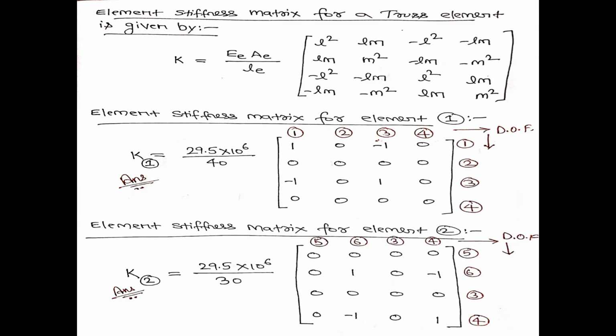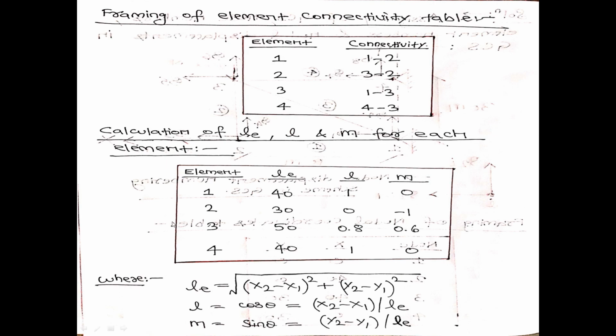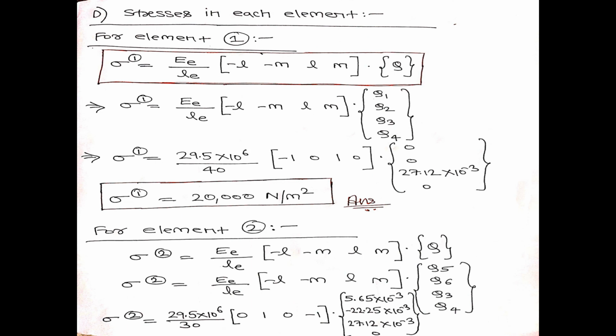So if I go back to the table, for second element L is 0, M is minus 1, so you can substitute in that matrix. Okay, that is 0 1 0 minus 1 into this displacement vector matrix.